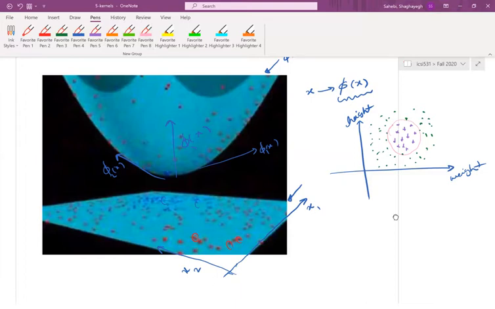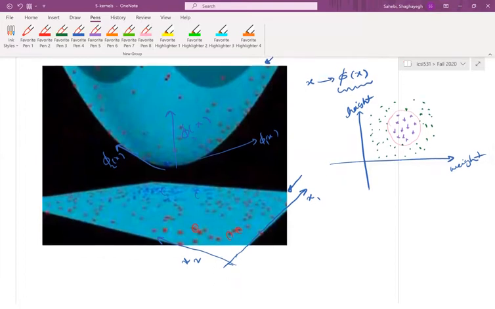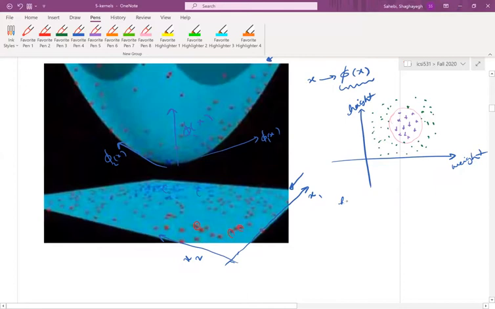But assume that instead of height and weight, I represent the same data in this way. I can represent them by height square, weight square, and height multiplied by weight. Or let's do something else.